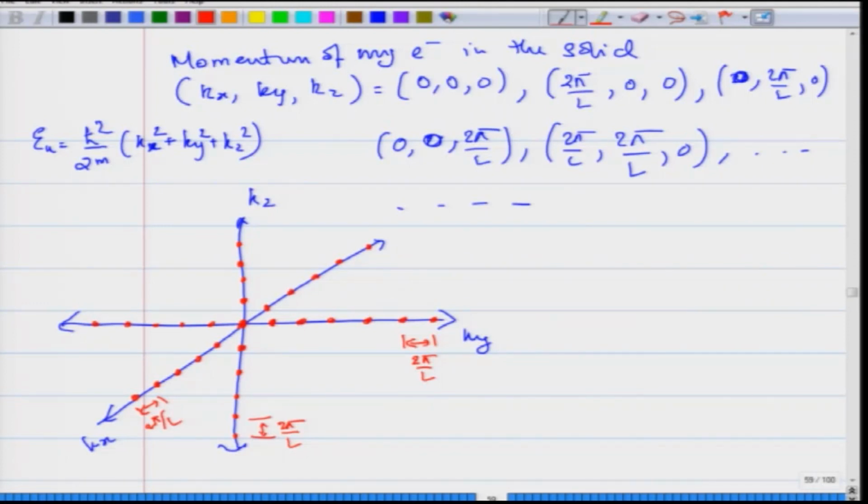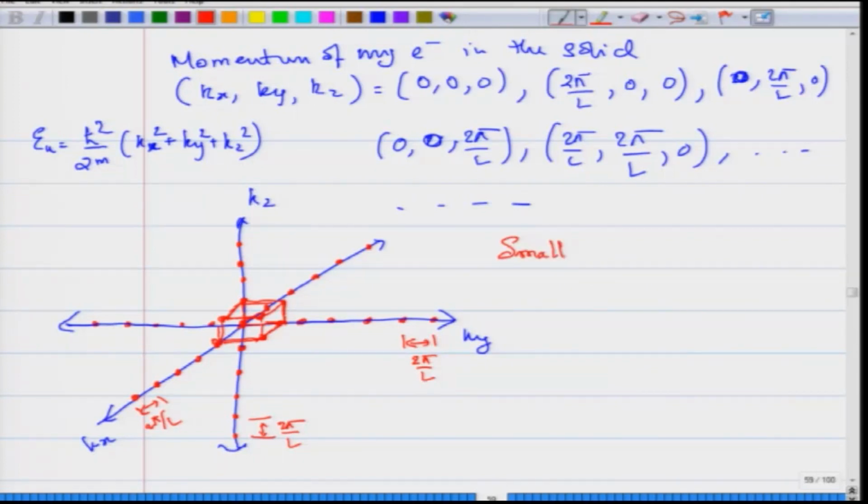And you can draw what is the smallest volume. So, there is a point in the kx ky plane which will have 2 pi by L. This is this point which is in the kx ky plane. Similarly, there will be another point here, and another point here, and another point here. So, you will have one such cube like this. There are no momentum states which are available inside it.